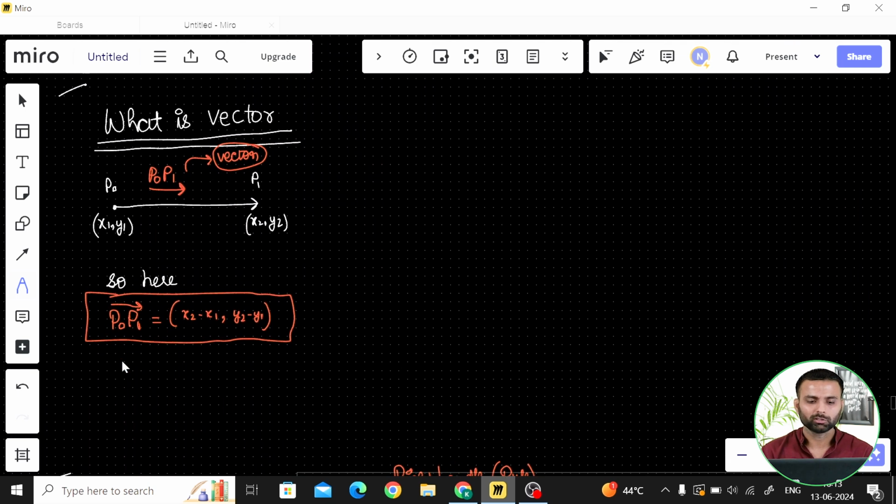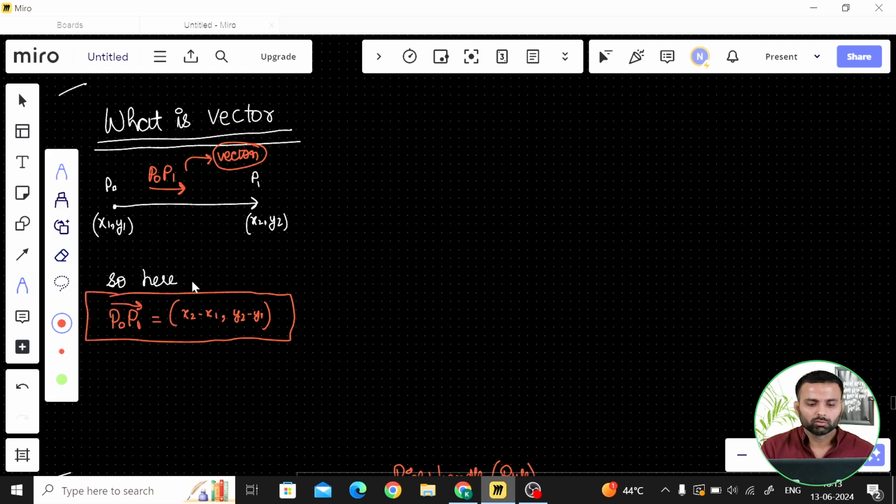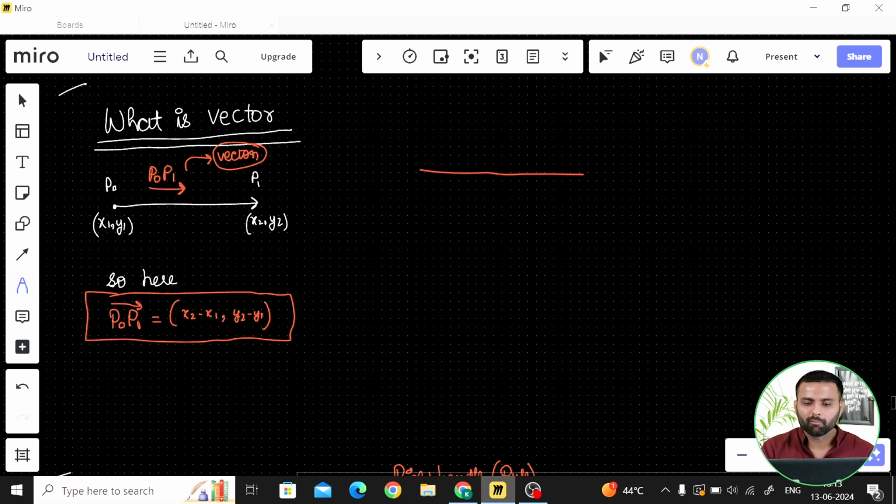To solve this question, we have to understand various terminology. First, let's understand the meaning of a vector. As I told you, using two coordinates we make a line segment. Here we have P0 and P1 with some coordinates, and the line segment itself is named P0 P1.